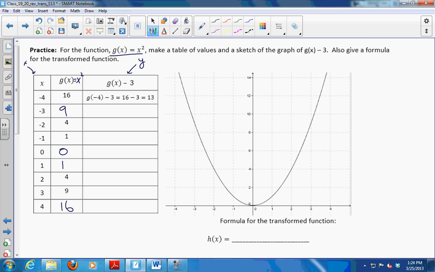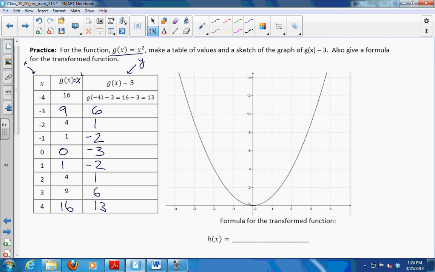So I want to take each of these y coordinates and subtract 3 from them. So 9 minus 3 is 6. 4 minus 3 is 1. 16 minus 3 is 13. I just took each g of x value and subtracted 3 from it to get the last column.